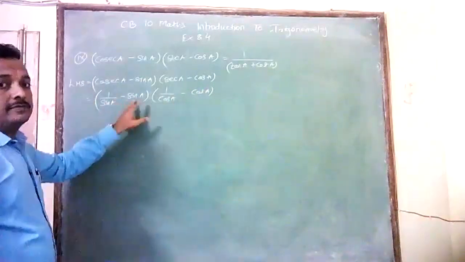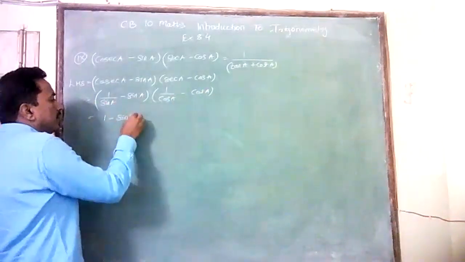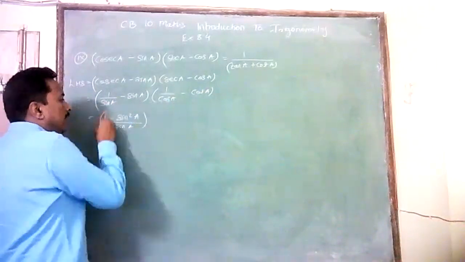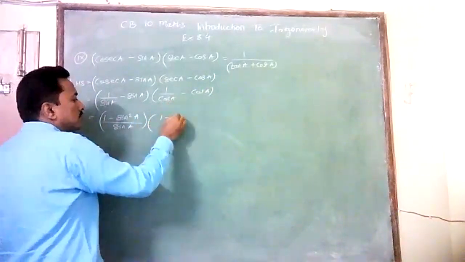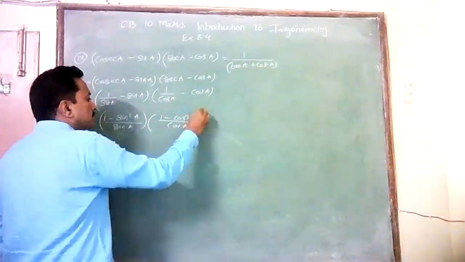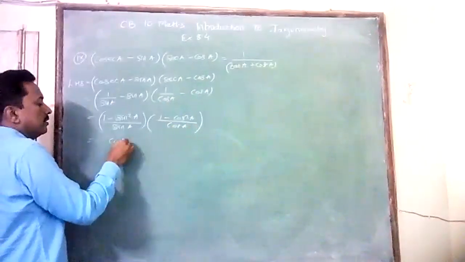Sin into sin, sin square. Sin square, 1 minus sin square upon sin. And here cos into cos square upon cos A. 1 minus sin square A, cos square A होता है.